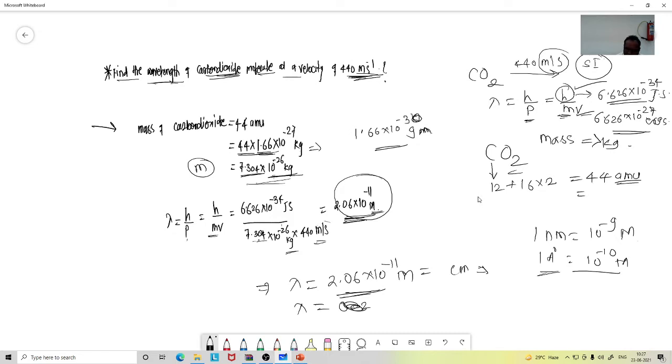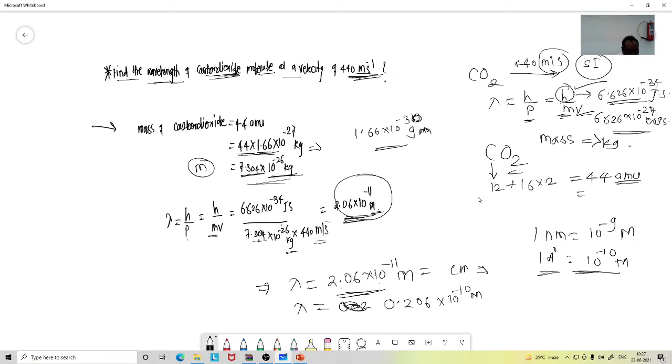I want to take it in the angstrom value. Therefore, if I divide by 10 raised to minus 10, let's see, that is 0.206 into 10 raised to minus 10 meter. Right, if I divide by this value, I have converted it into 0.206 into 10 raised to minus 10 meter.